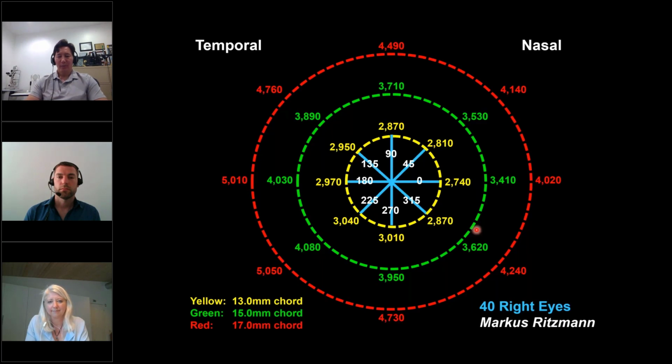Now, this work by Marcus Ritzman, who did this also at Pacific University, he's based in Europe, had come over to our school to do his master's thesis, and he did a really comprehensive understanding of the shape, the elevation, the angles of the eye at various chord diameters. And what he found was that, again, the closer we are to the limbus, the less asymmetry we have around the clock.